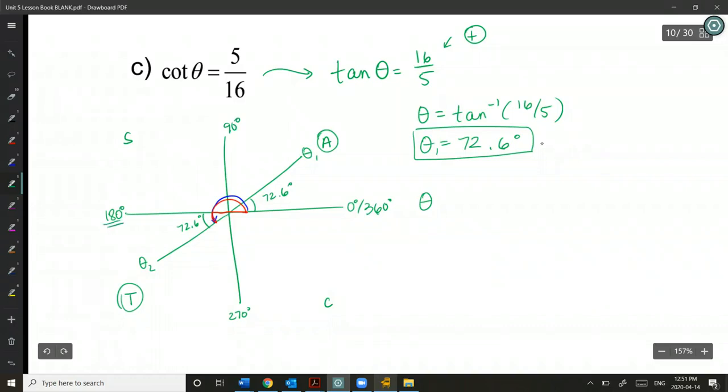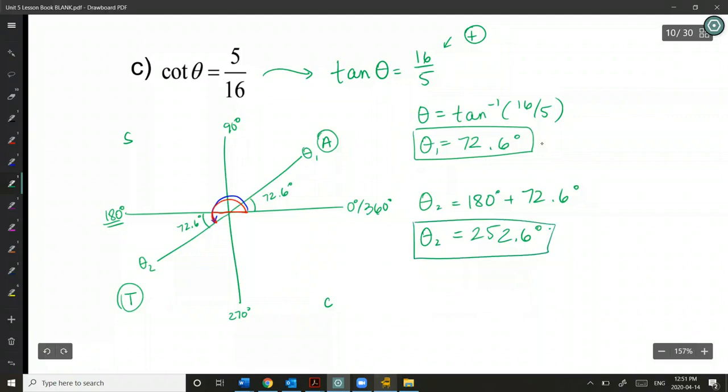I'm taking 180, so the rotation from 0 to 180, and it's going past 180 by 72.6 degrees. So we're actually just going to add that right to 180. And again, rounding to one decimal place there, we get 252.6 degrees. And this should be a value between 180 and 270 if I've done this correctly.